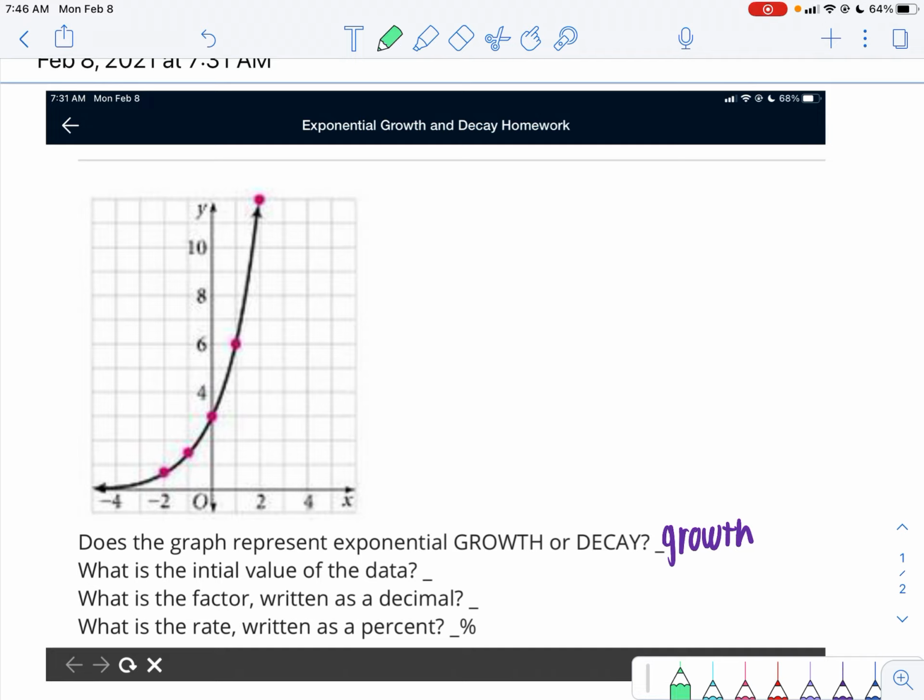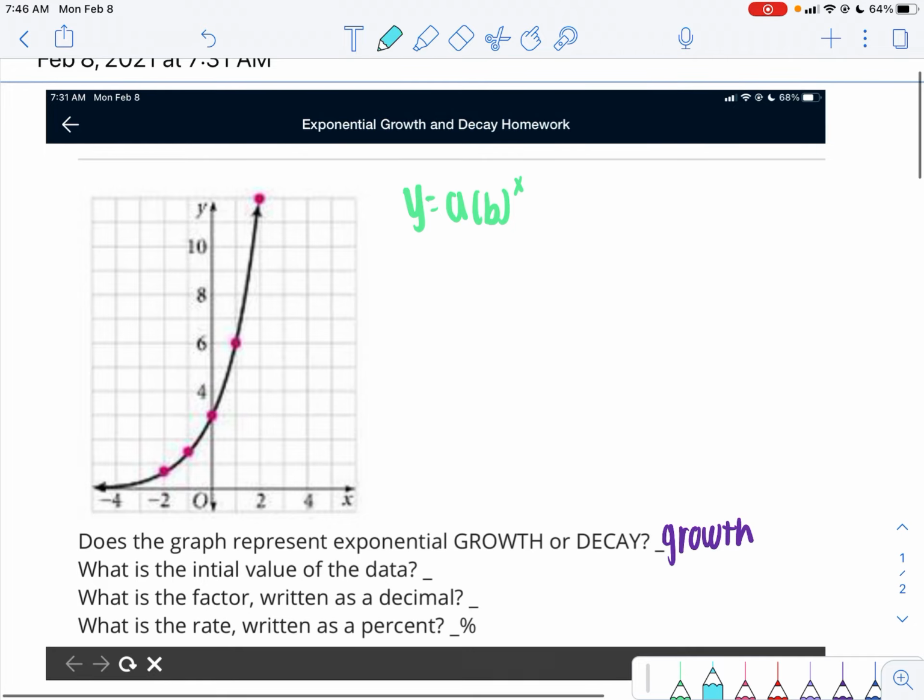So remember, our exponential equation is y equals a times b to the x. When we have this equation, our a is always the initial value. As you learned in your notes today, the b is our growth factor. Since we have a growth, we have a growth factor.